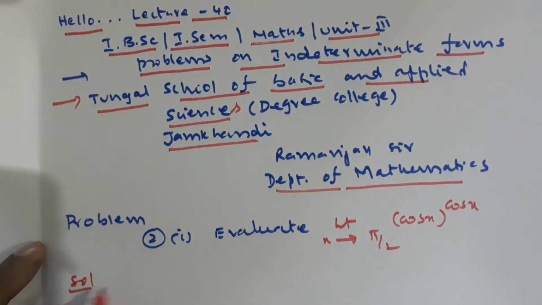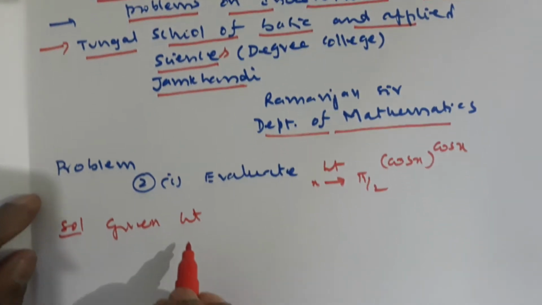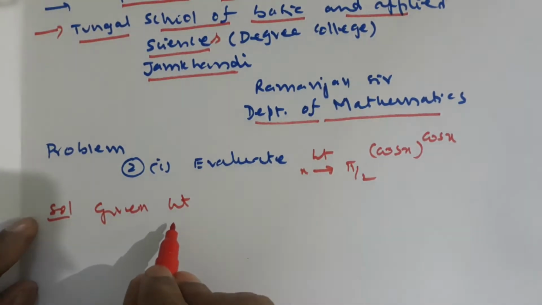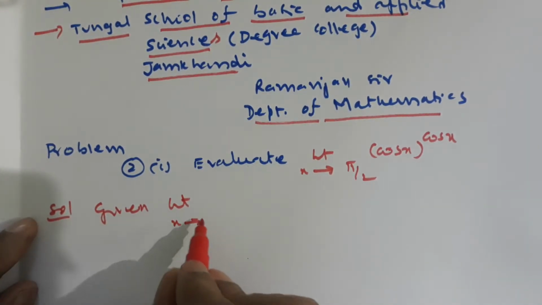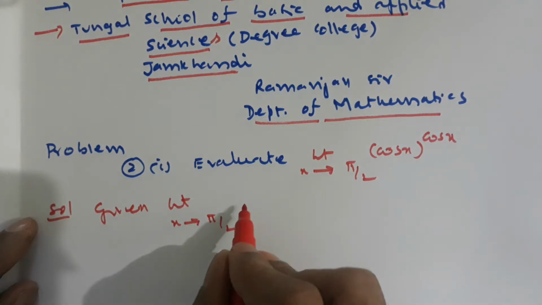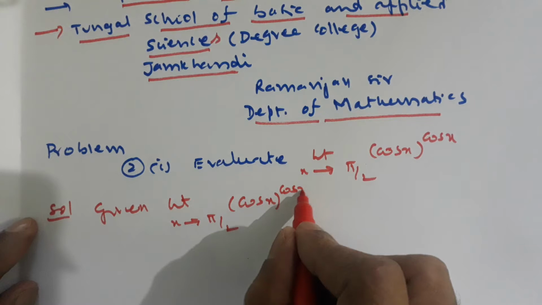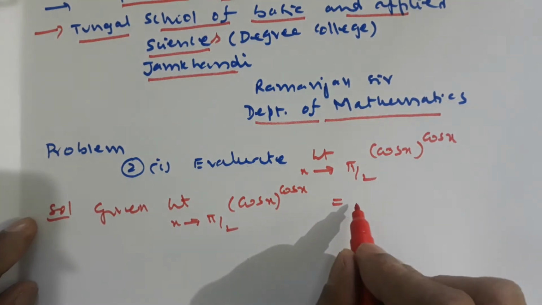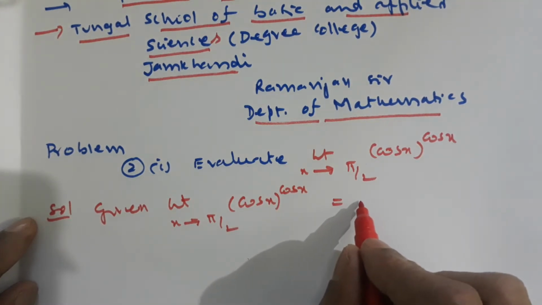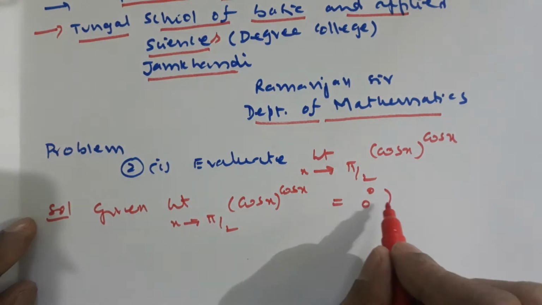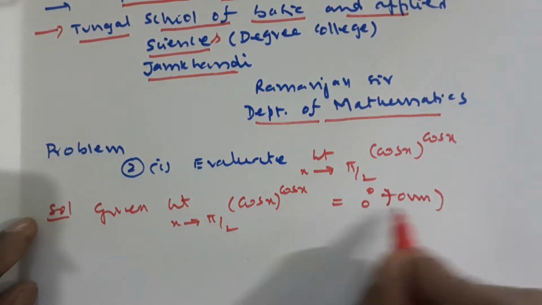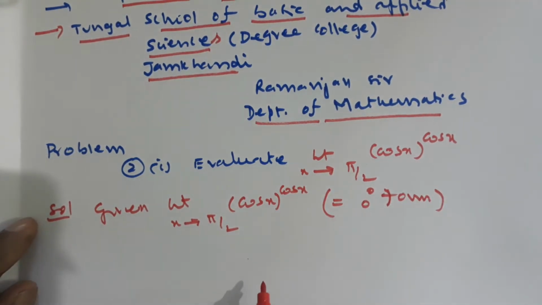So solution, given limit x tends to pi by 2 cos x to the power of cos x is equal to, it is 0 to the power of 0 form.